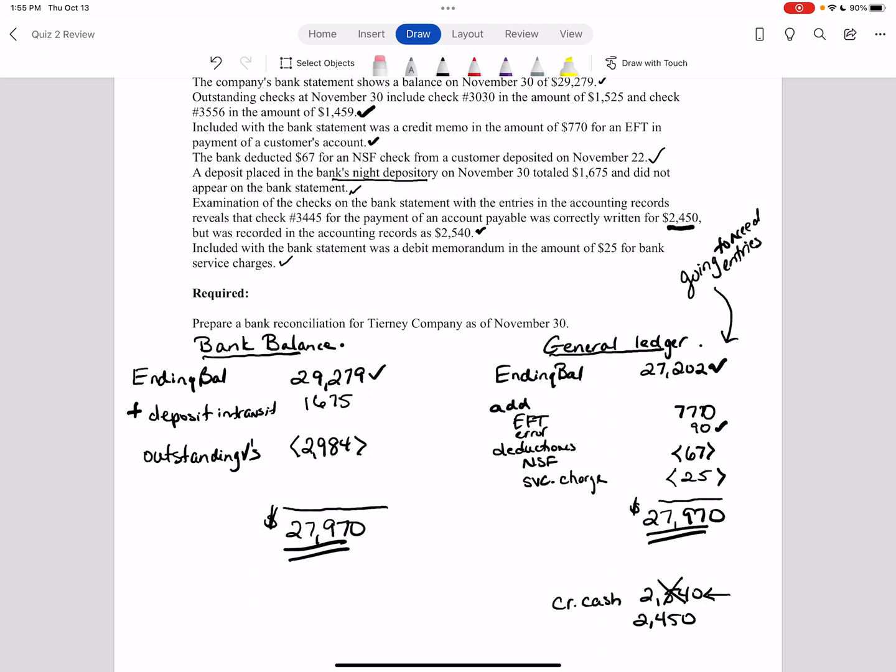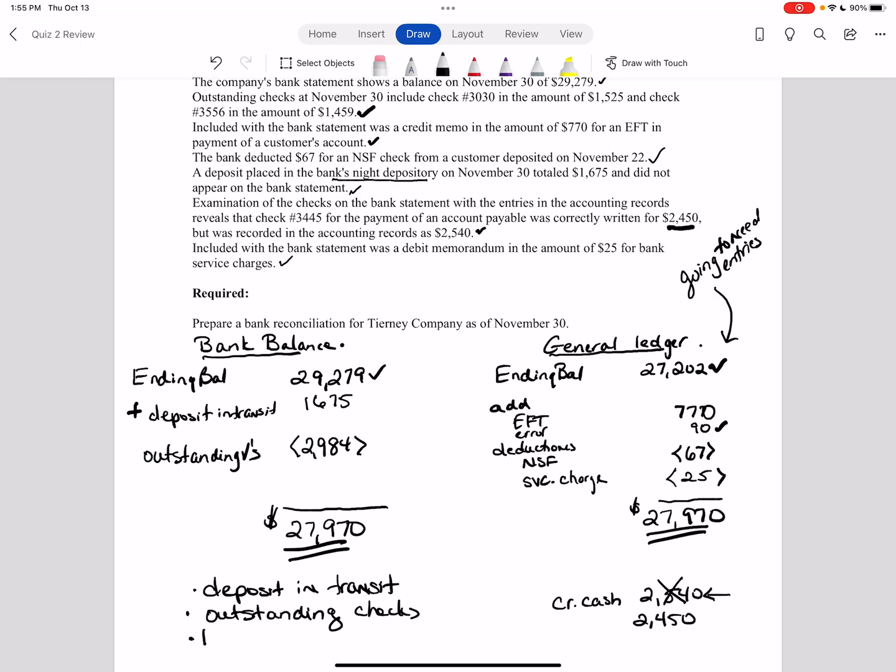Last thing I will try to remind you of is adjustments on the bank side are going to be made up of 3 different things, right? We've dealt with two of them in this case. They're going to either be deposits in transit, right? Meaning that I think I've made the deposit, the bank hasn't processed it yet. They're going to be outstanding checks, right? I know I've written the check, I've deducted it from my general ledger, but the bank has not taken the money out of my account yet.